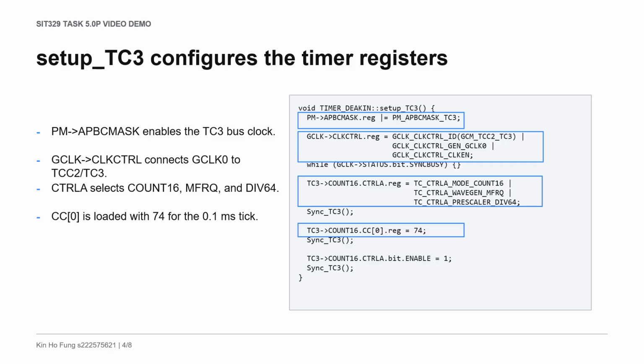Then CTRLA sets the timer to 16-bit count mode, match frequency waveform generation, and divide by 64 prescaling. Finally, CC0 is loaded with 74, which is the compare value calculated earlier for a 0.1 millisecond tick.